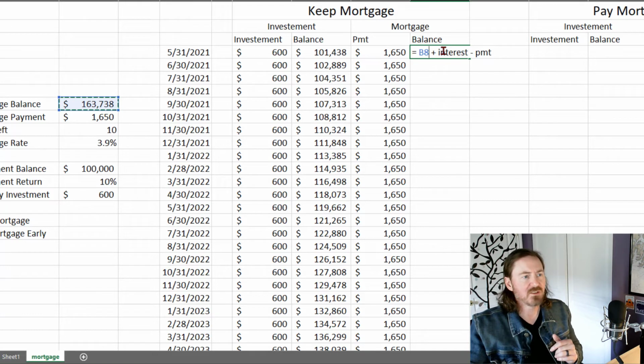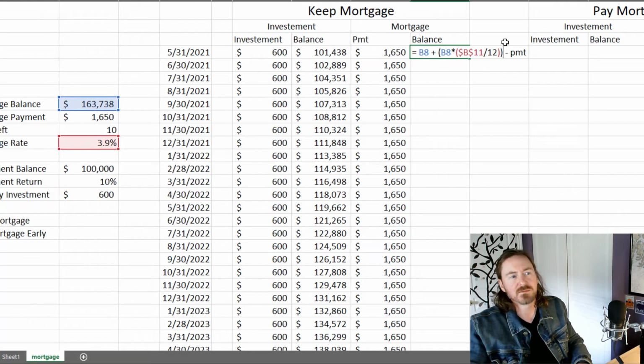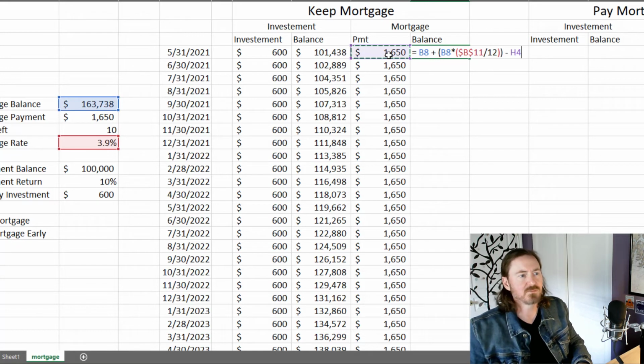Cool. Now for the interest calculation, I'm going to do parentheses, and that's going to be B8 again because the interest is based off of that outstanding balance, times parentheses, the mortgage annual rate, absolute, divided by 12 to get monthly, closing parentheses, minus the payment. That'll be easy. That's right there, H4. Okay, enter.